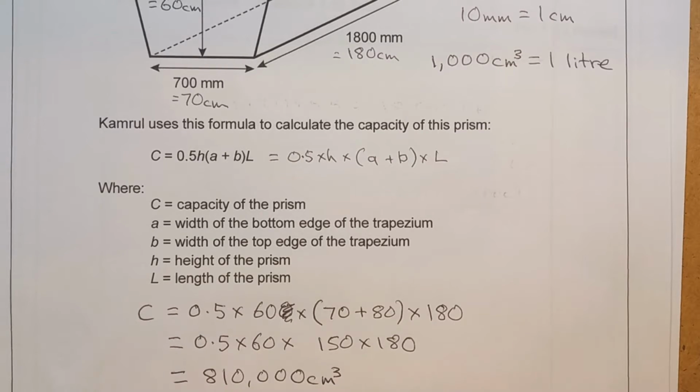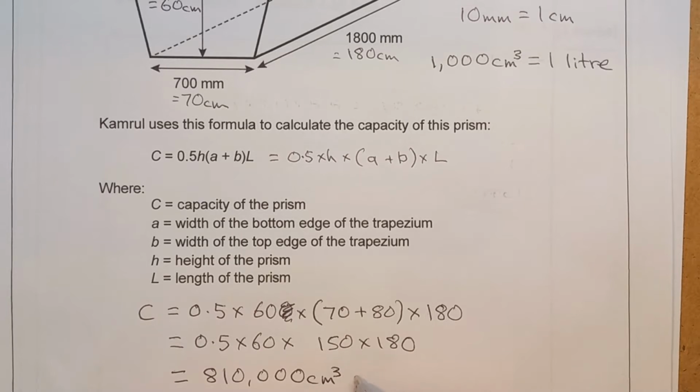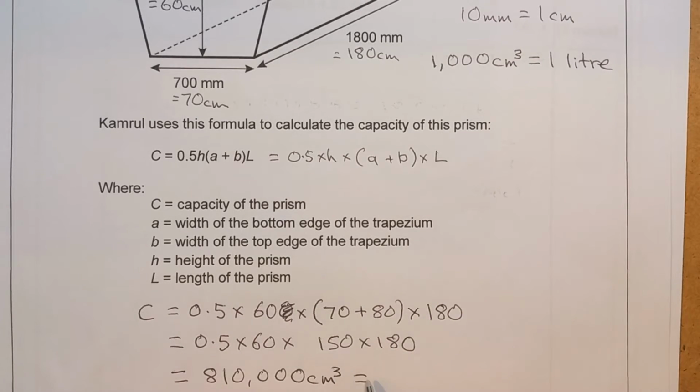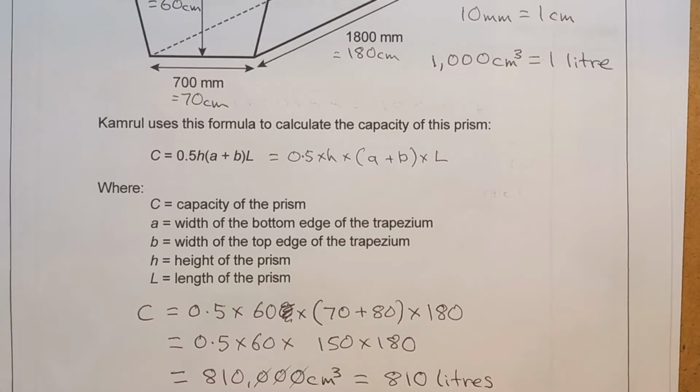Right. So this is where we use our conversion: if that's centimetres cubed, to turn it into litres, we're going to need to divide it by 1,000. Or in other words, take off 3 zeros, and we're going to get 810 litres.